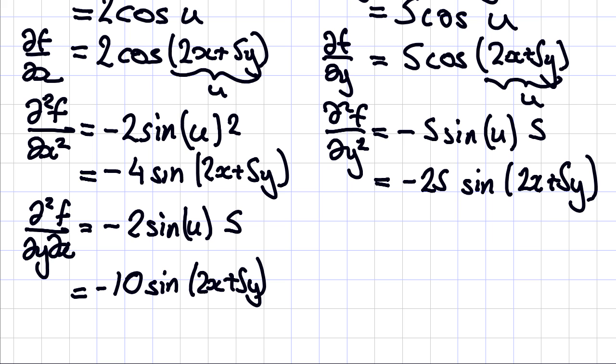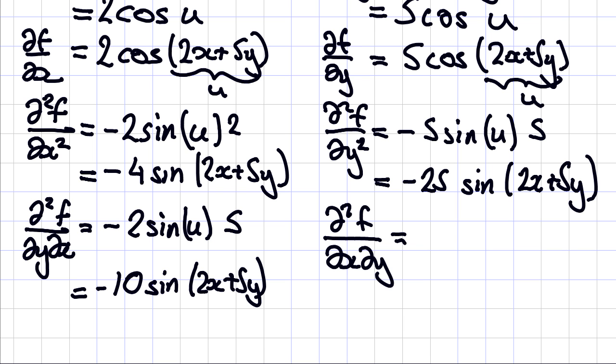I also need to take the other cross derivative, d2f dx dy. So that's just d by dx of df dy. And again, I use a chain rule. So first of all, I need d by du of 5 cos u.